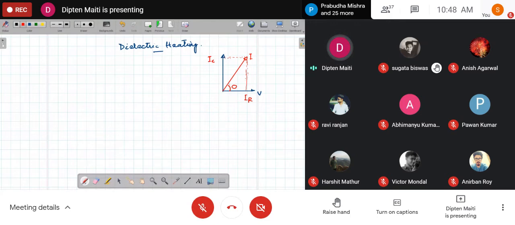Let's say this is theta or phi, and this part is the special quantity, that is called the delta. And the tan delta is the heat producing part. Oh, sorry, that tan delta is the lossy part which creates the loss.